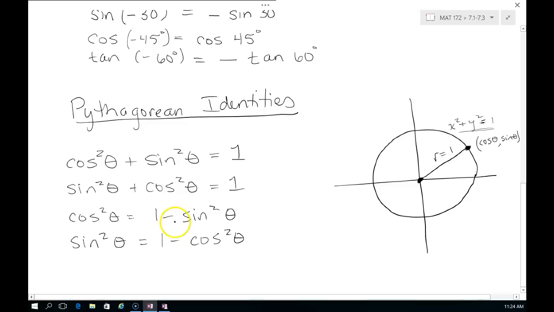And if we reverse the order of the subtraction, that's going to negate these values. So negative cosine squared equals sine squared minus 1, or negative sine squared equals cosine squared minus 1.